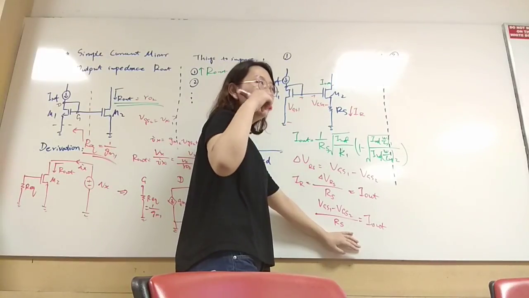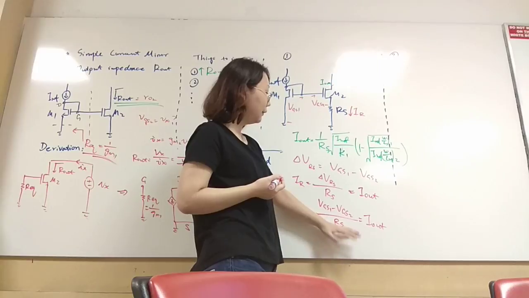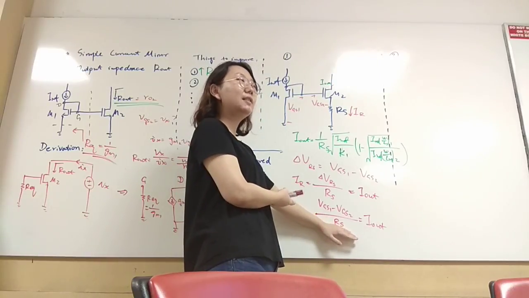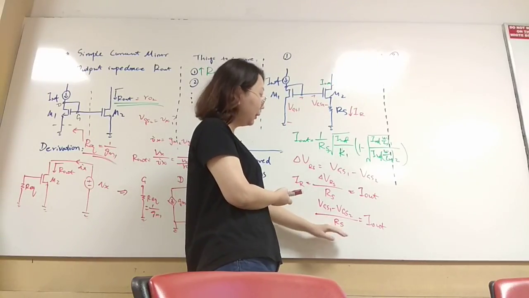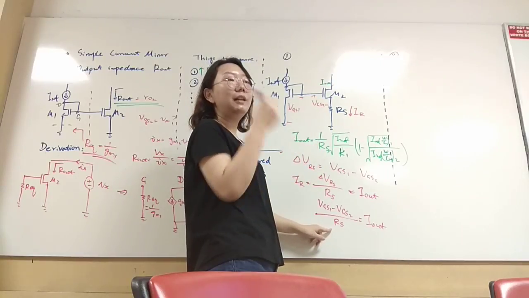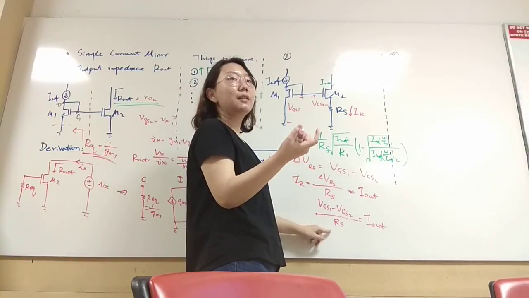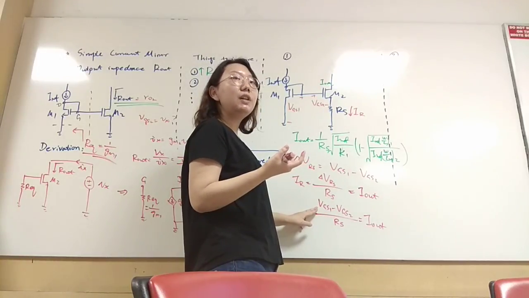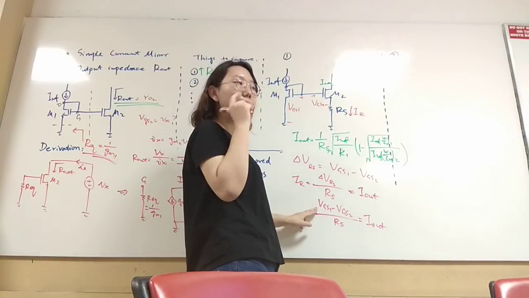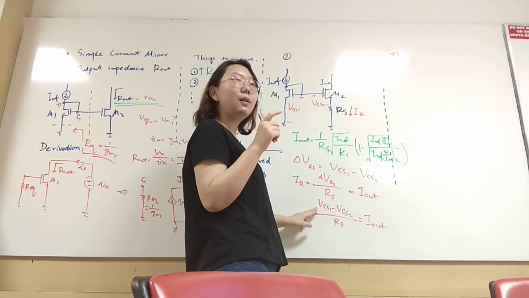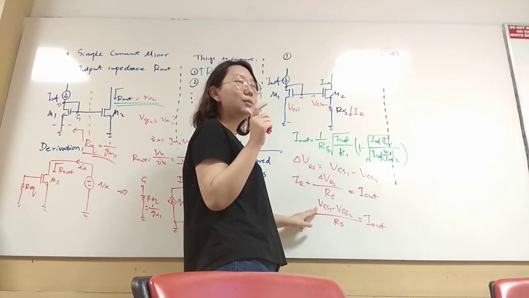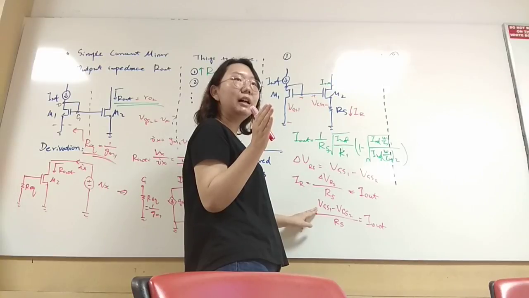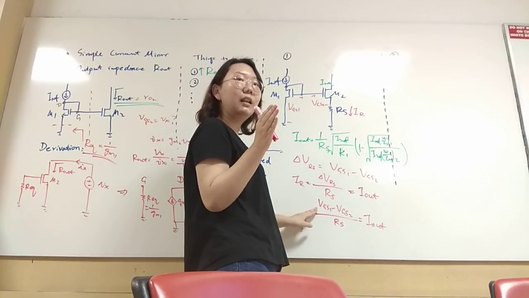Okay? So now what you should think is how can I convert this left-hand side? Although this RS is a physical value that I can treat as a constant, the top part is all about VGS, right? So how can I convert all these VGS terms into something which relates to my I reference?